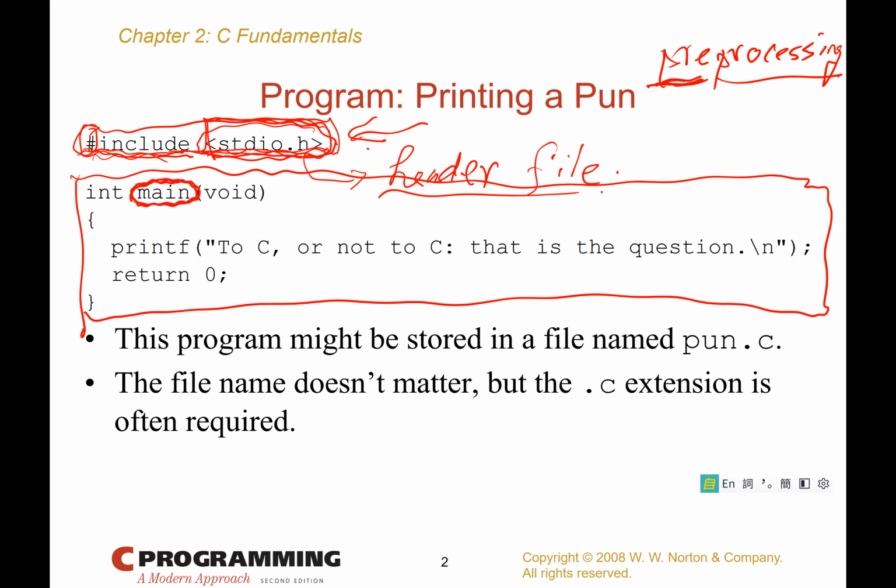Main is a function name, and it is always main, small letters, not capital letters. And before main, you put an int. What's int? Int stands for integer, just the first three characters of integer, 整数.